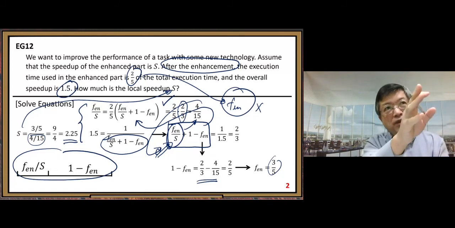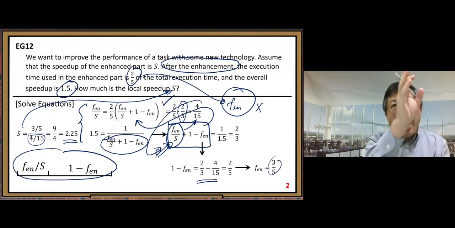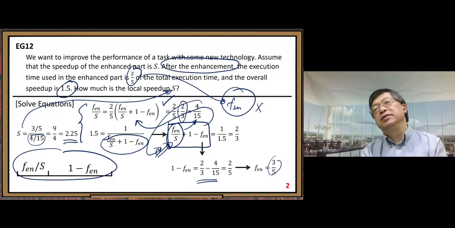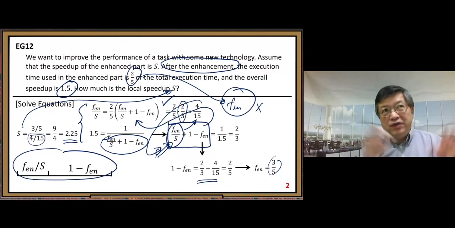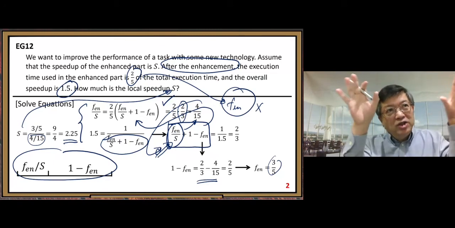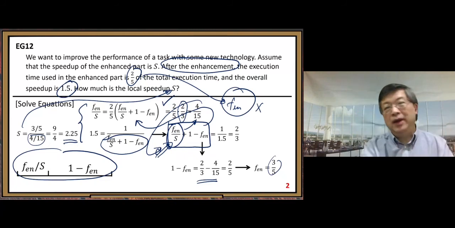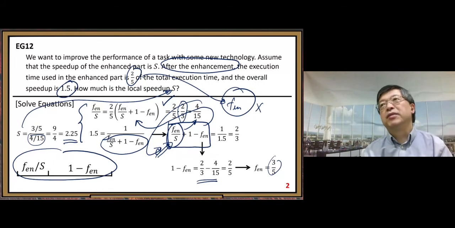Still, you need pretty good algebra skills to do it. If you do all these parts correctly, then you can get the right answer. So questions in this part are a little challenging.